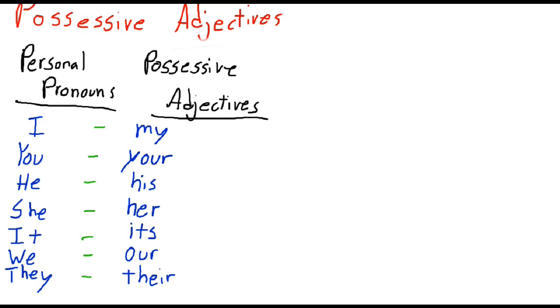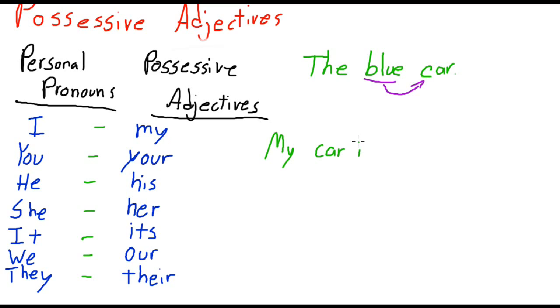Now if you remember before, I wrote the blue car. Well, as you remember, blue is the adjective and it describes the noun car. Well, my, your, his, her, its, our, their, they are adjectives. They describe nouns. Okay, so let's look at some examples. Maybe I can say, my car is dirty.